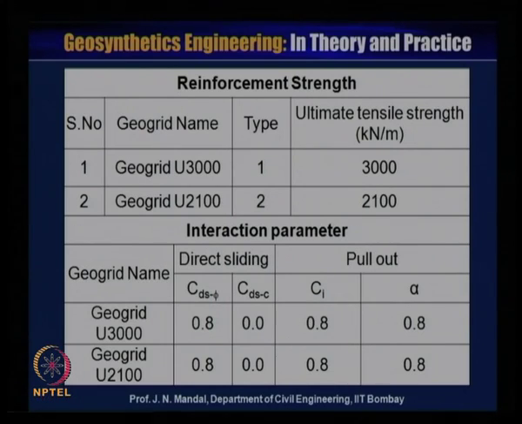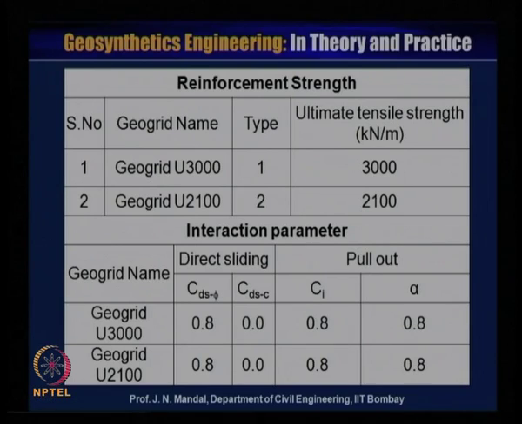One geogrid is named geogrid U 3000, another is geogrid U 2100, type 1 and 2, and the ultimate tensile strength of the geogrid is 3000 kilonewton per meter and 2100 kilonewton per meter. So these are the reinforcement strengths.